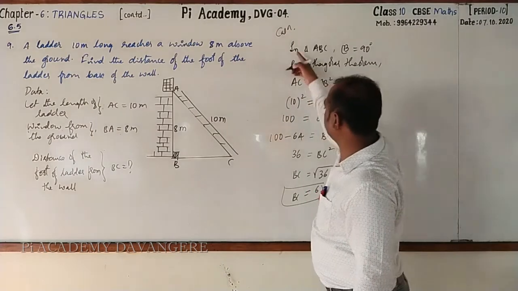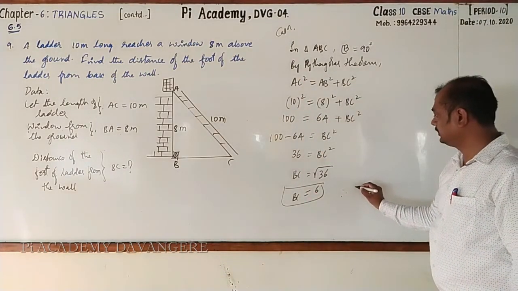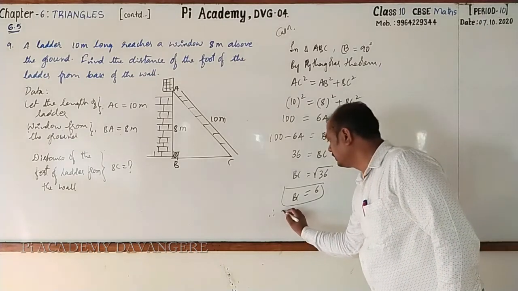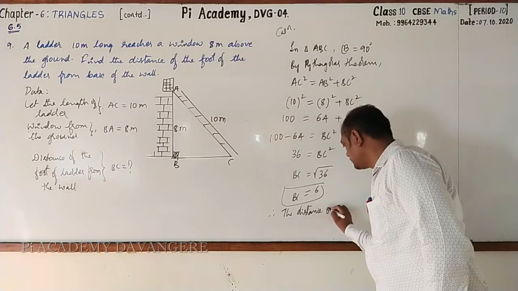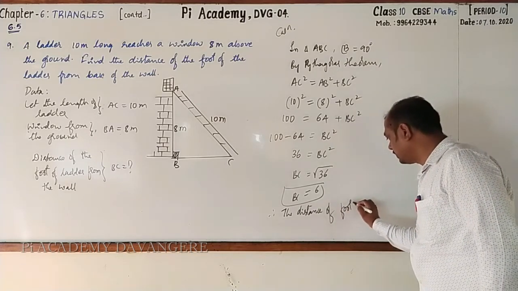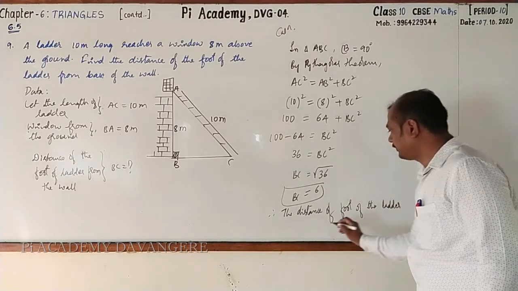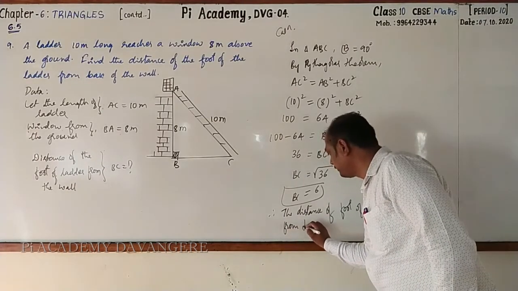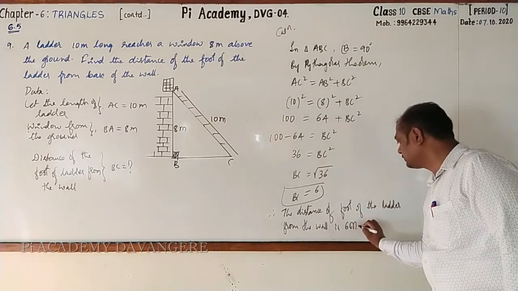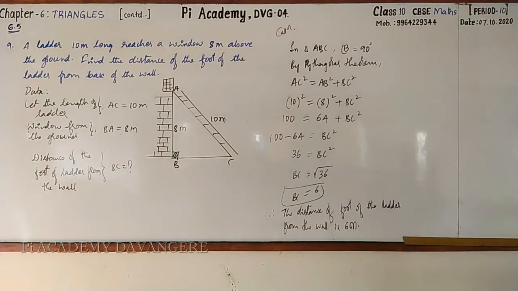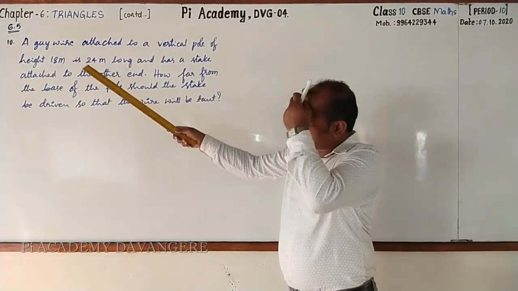After writing calculation, finally you can write the conclusion as therefore the distance of foot of the ladder from the wall is 6 meter. Yeah, please go for copying this. Yes, go through another statement problem.